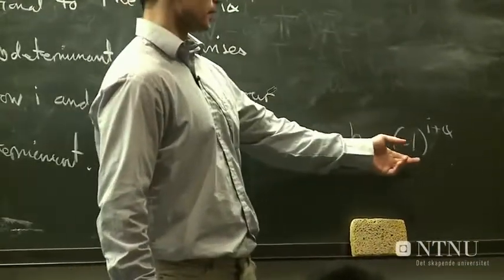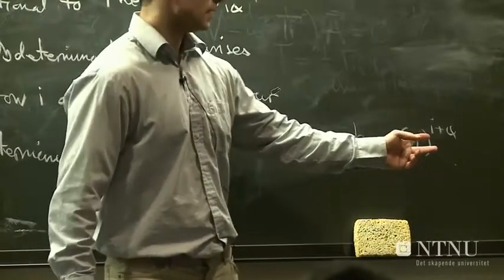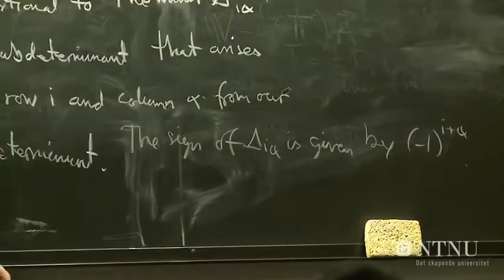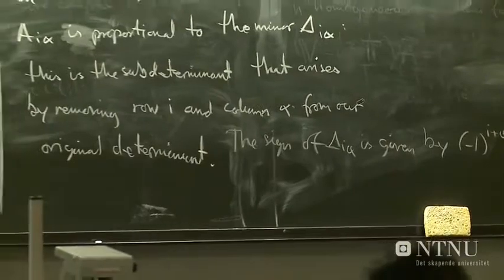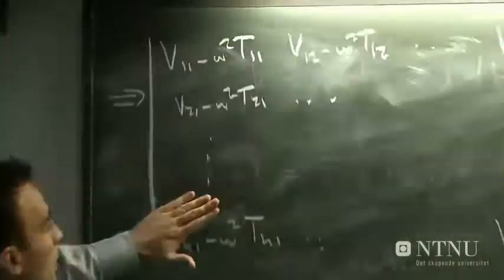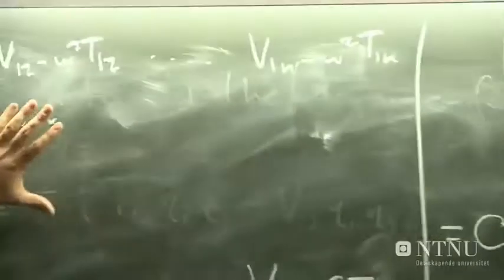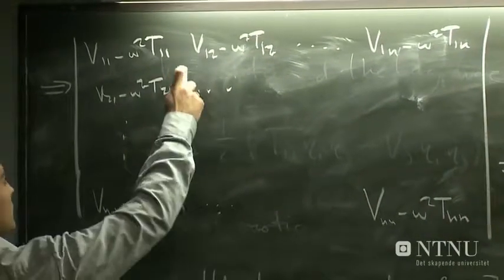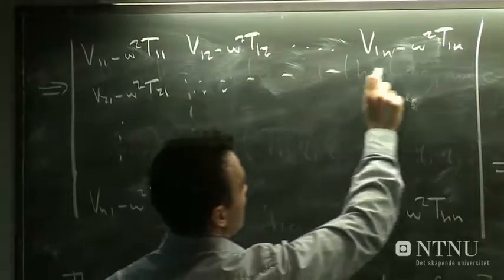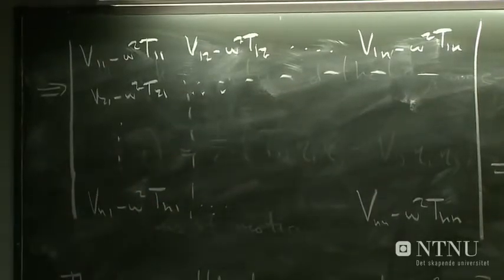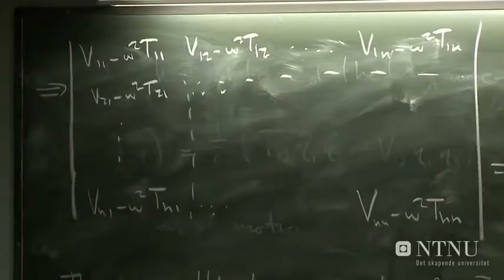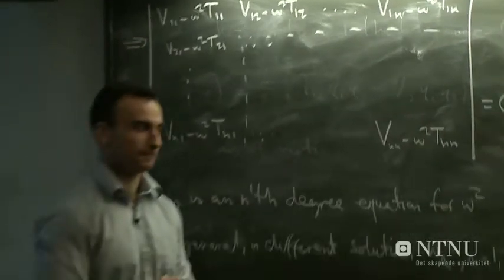It's given by -1 to the power of I plus alpha. So for instance, delta 1,1, just to be clear, is obtained by removing this column and this row, and then calculating the determinant of what's left, and multiplying with the appropriate sign, which is +1 in this case.